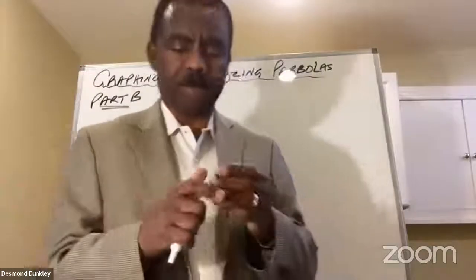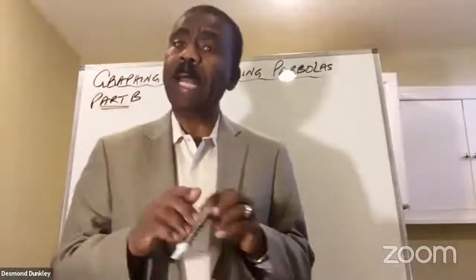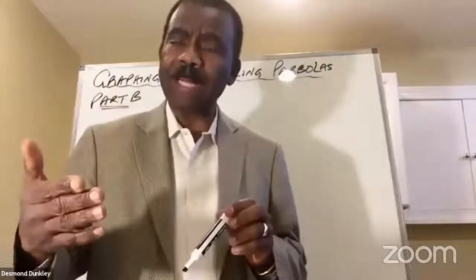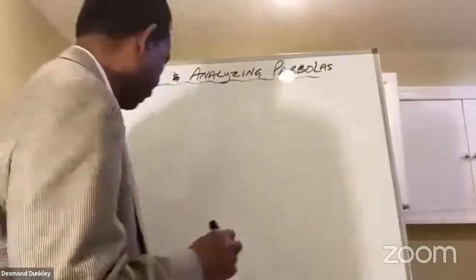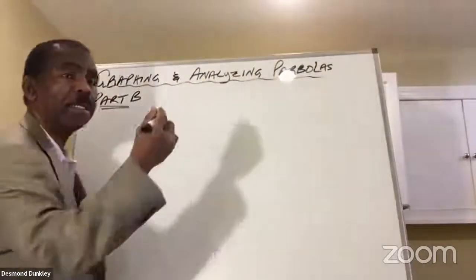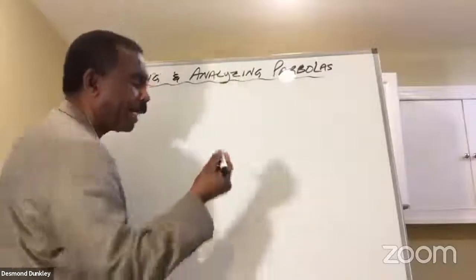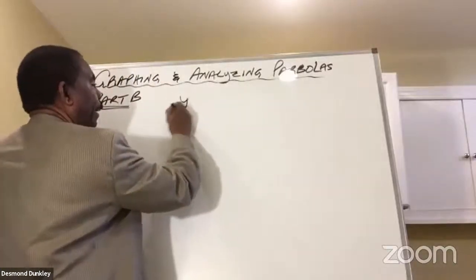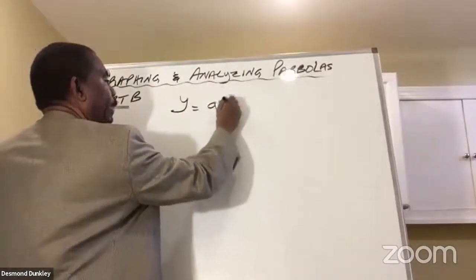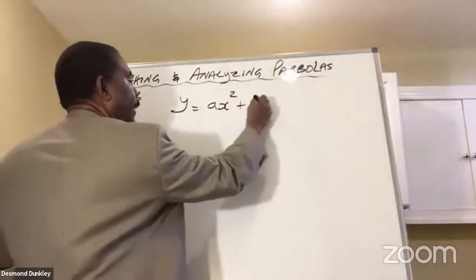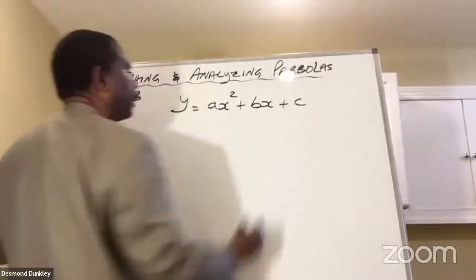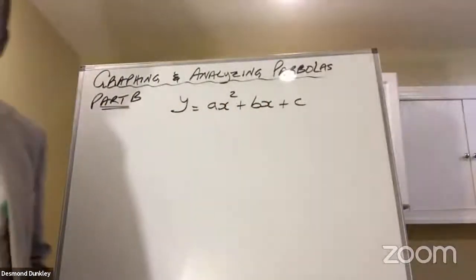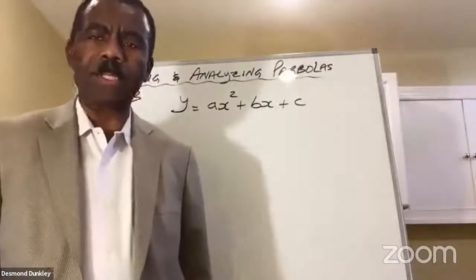What is a parabola? A parabola is really a graph of a quadratic equation. And the general form of a quadratic equation is y equal to ax squared plus bx plus c. That is the general form of a quadratic equation.